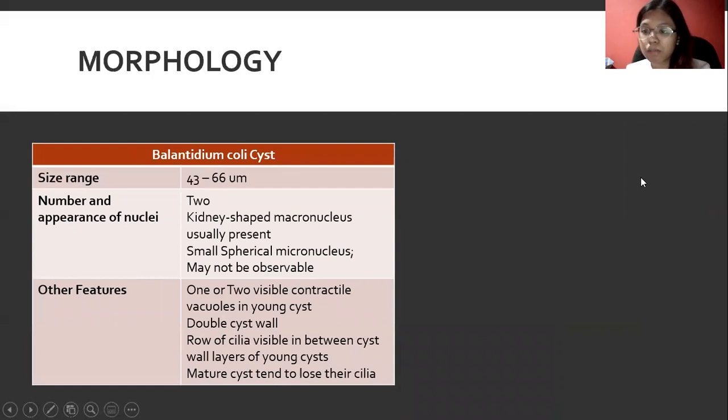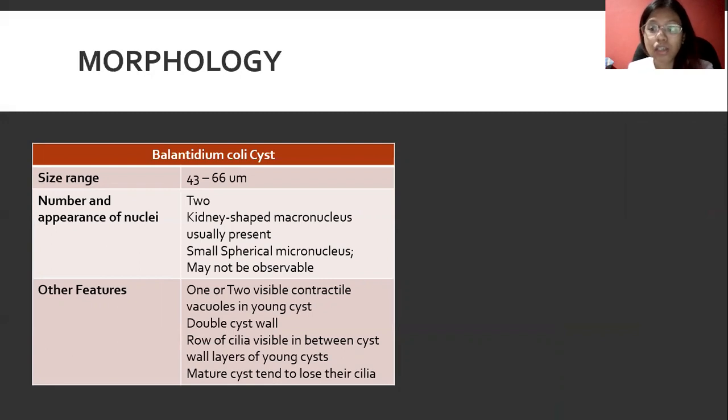Next natin, we have the Balantidium coli cyst. The size range is 43 to 66 micron. The number and appearance of nuclei, it has 2 nuclei. Kidney-shaped macronucleus usually present and small spherical micronucleus may not be observable.